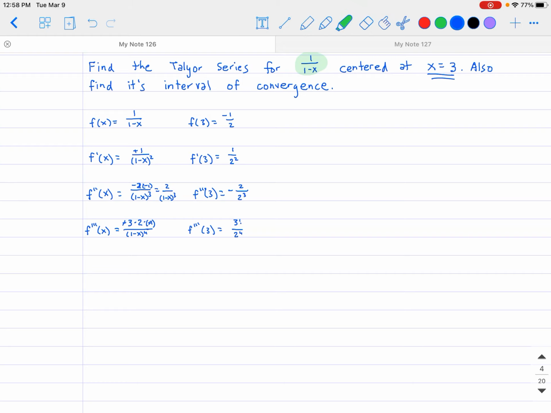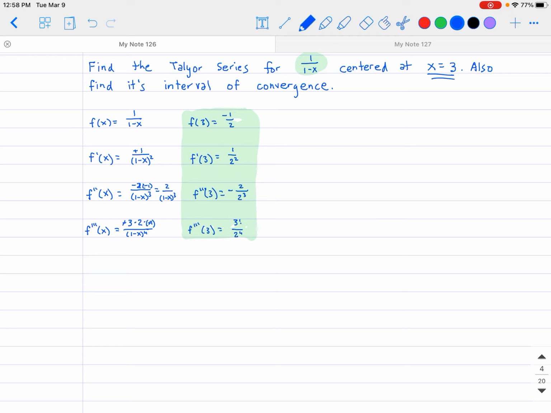Focus on not the first part, but rather the second part, because that's what we really need to write our power series. So here we have f of 3, f prime of 3, f double prime of 3, f triple prime of 3.